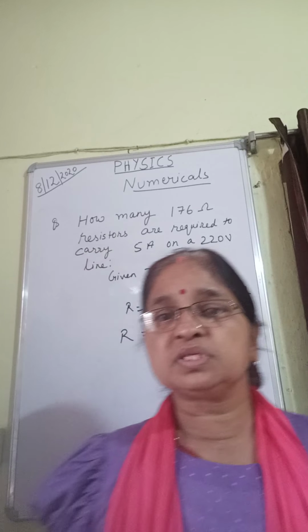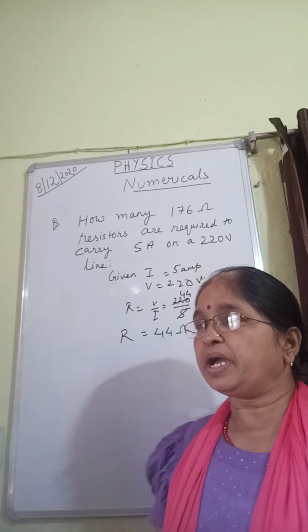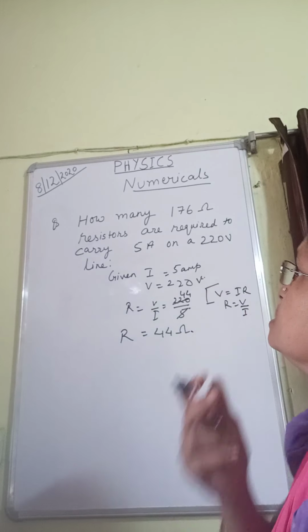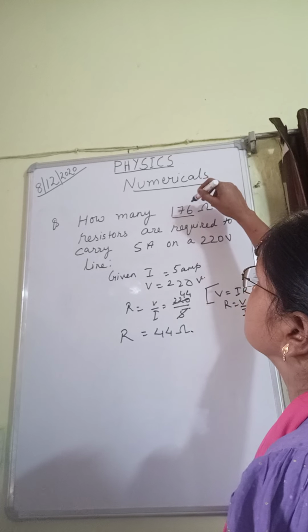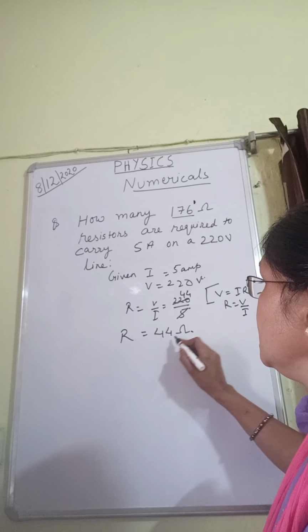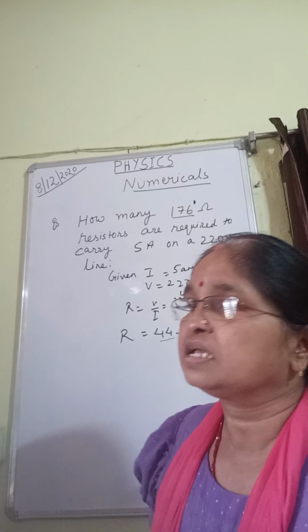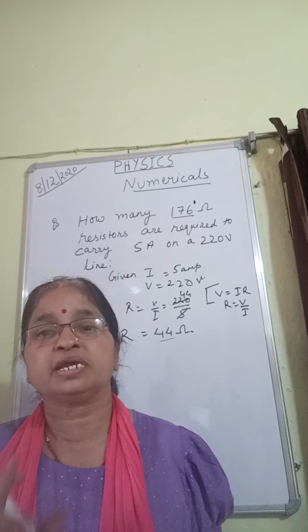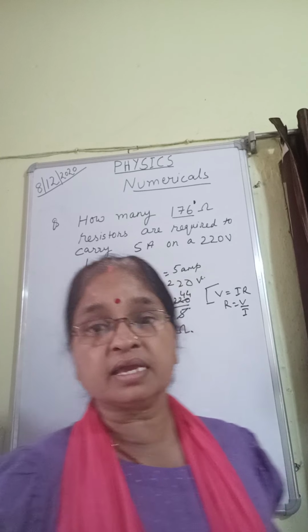Students, now we have to think whether we have to connect it in series or parallel. So you see this: 176 ohm, that means this is more, and what we have got is less, 44. If the result we have to get is less, that means it is connected in parallel, because only then is the resultant less.